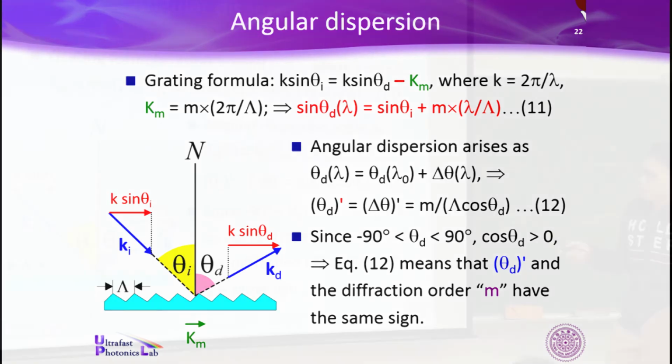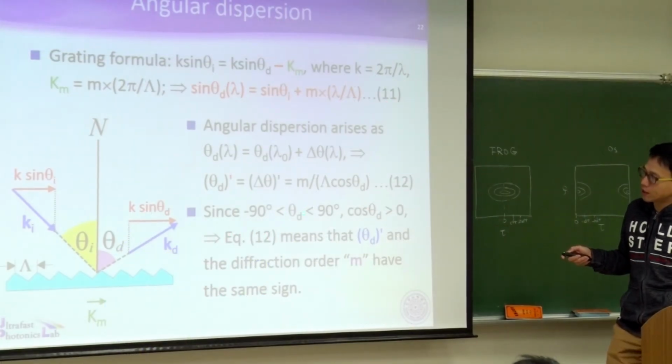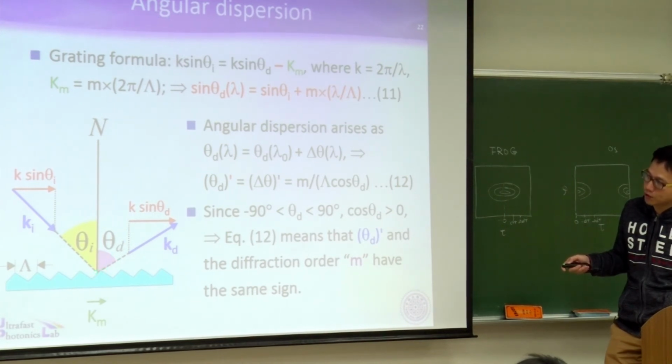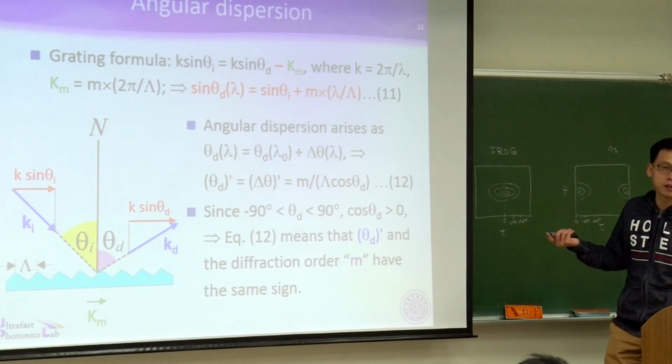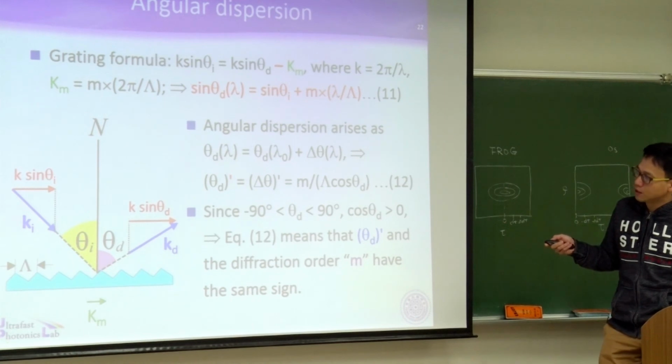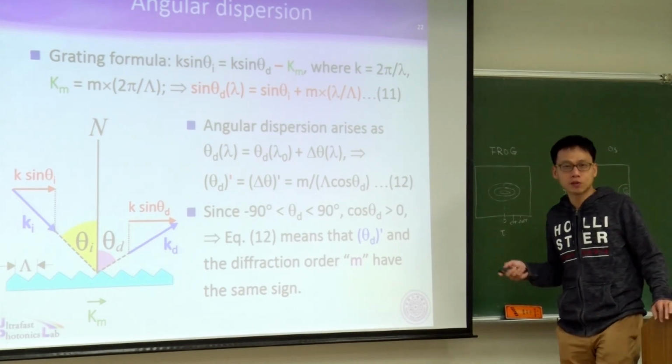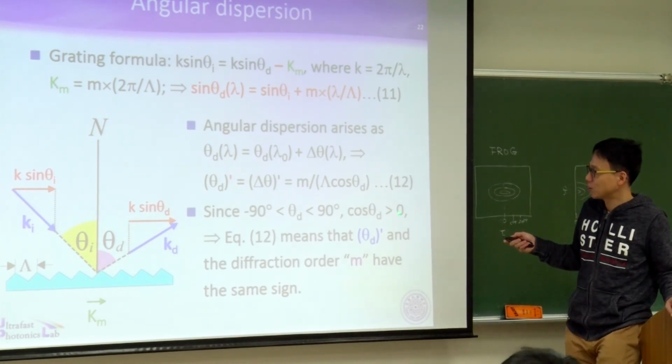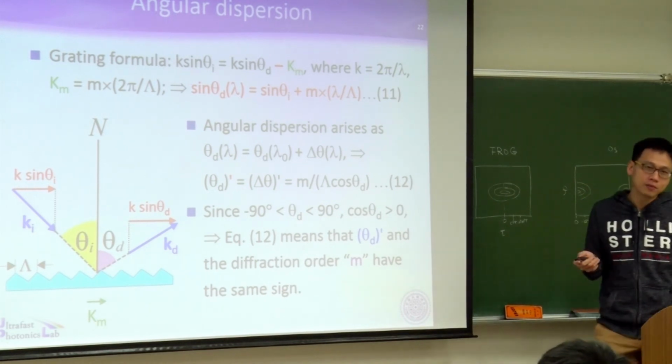Theta d is always between minus 90 degrees and plus 90 degrees. At most, you can have the k d vector along this direction or this direction. So this is your angular range of theta d. If you take cosine, because it's the first and the fourth quadrant, cosine theta d is always positive.